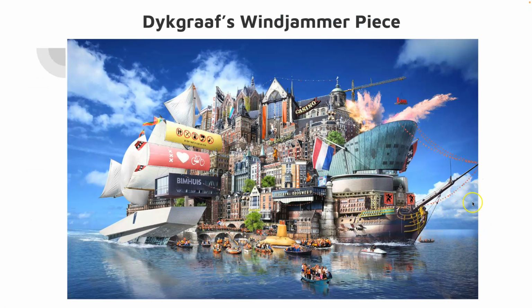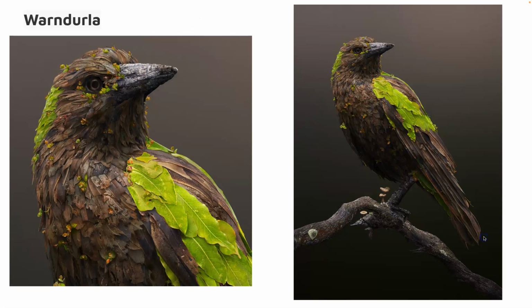Or this one, which reminds me of One Piece, like the floating pirate cities. Now this can be up to 1,000 different layers, right? All composited believably together. This one I think is a really wonderful example.